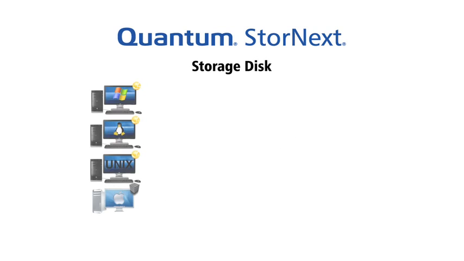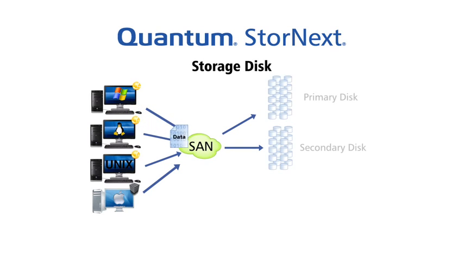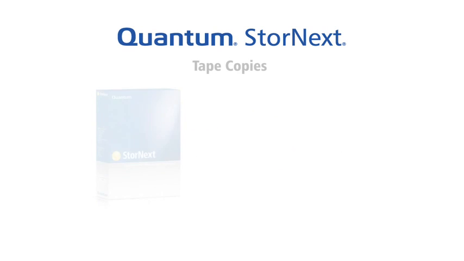Disk-based target locations for data movement are defined as storage disk, which includes disk, NAS, VTL, and even MAID. These devices increase the retrieval performance over tape-based copies. Many customers use storage disk as Tier 2 storage and use the tape copies for protection purposes.